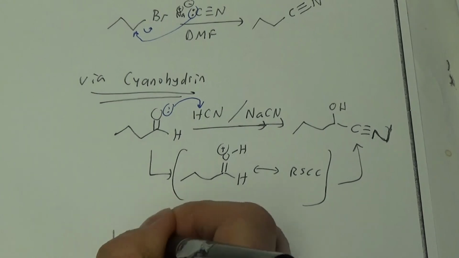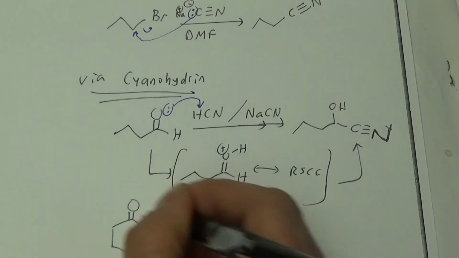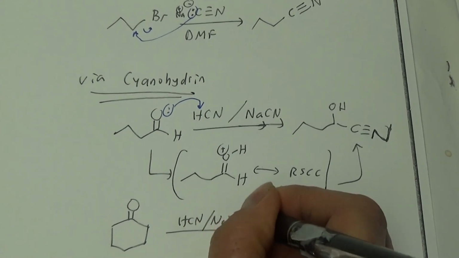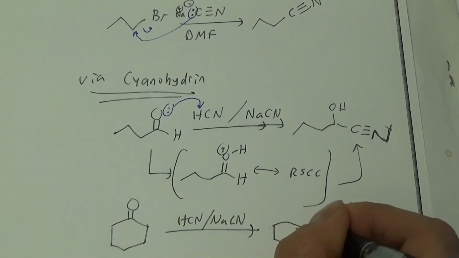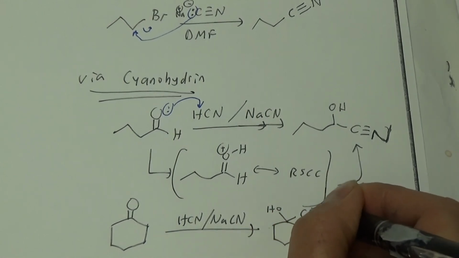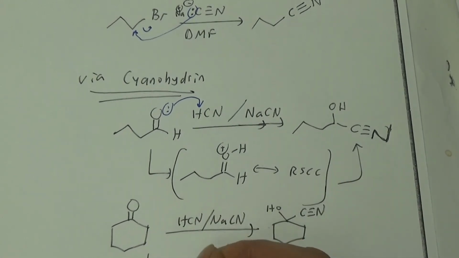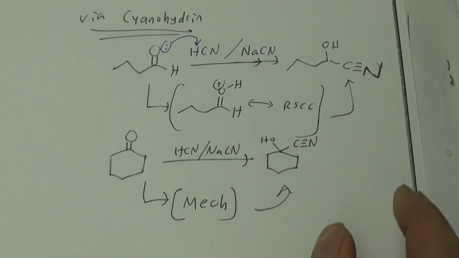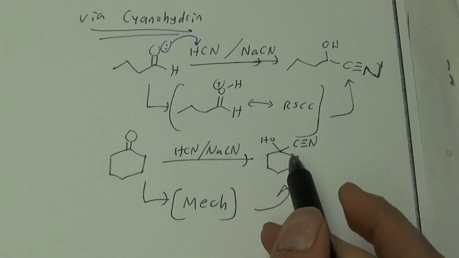One more example, like cyclohexanone, HCN, NaCN. Also makes a cyanohydrin.